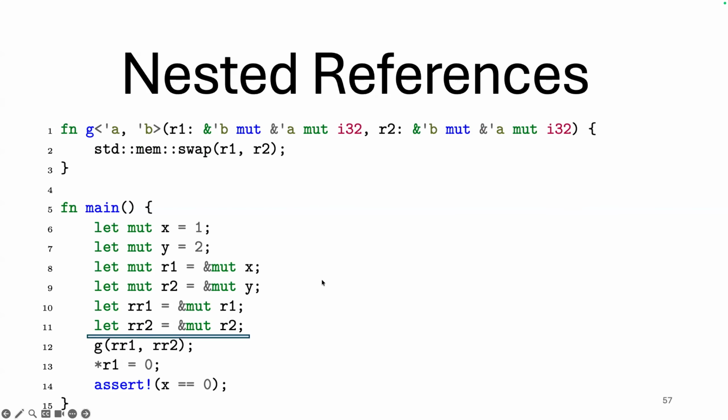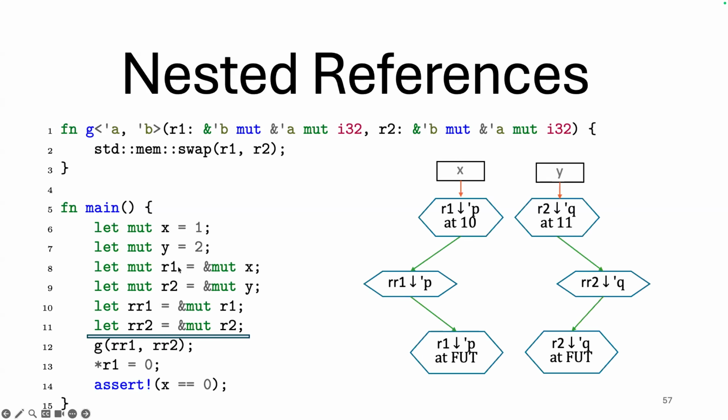Oh, sorry, I skipped ahead. We need to do something to represent the borrows that are going to be stored in R1 after the borrow of R1 expires, since R1 has the capability to change what R1 points to. To do that, we introduce this notion of future nodes, future lifetime projections, rather. Basically, there's another edge added to what R1 is going to have once it becomes accessible again.